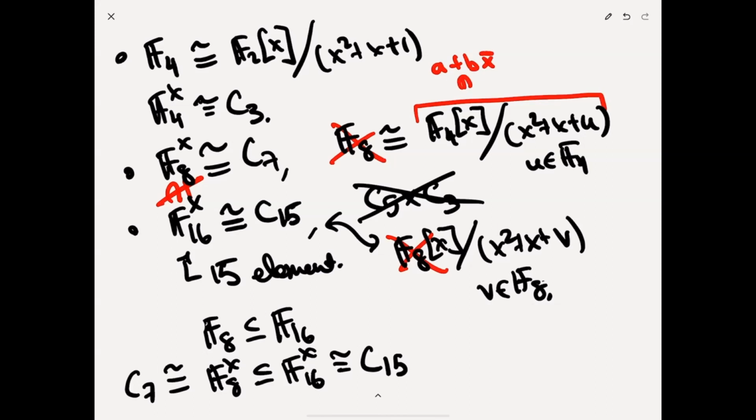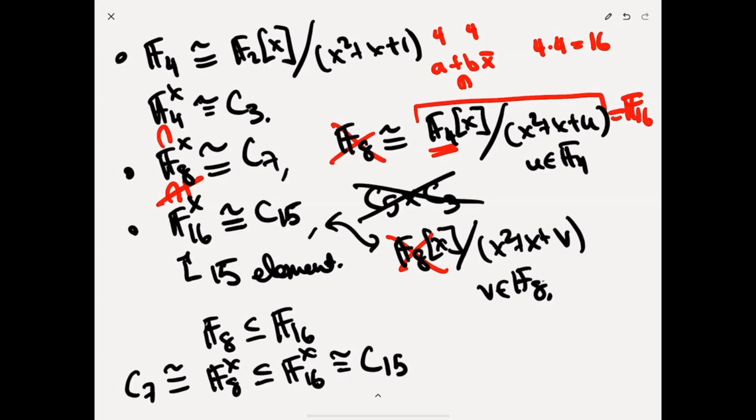So this is an element of this field, and how many options are there for this? Well, there's 4 because of this coefficient field, and there's 4 here. And this is 4 times 4, which is 16, and this is F16, not F8. Okay, so that was the issue here.